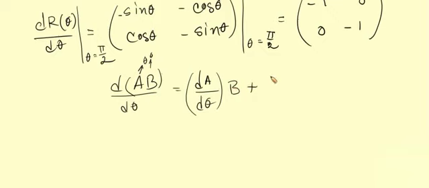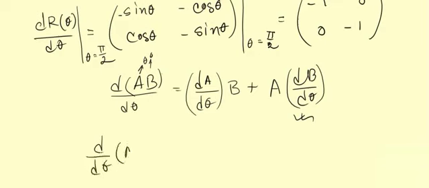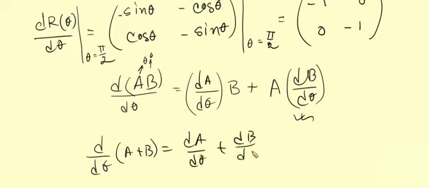That is, AB is not equal to BA. And here you will have A times dB by d theta. So this product rule will also apply. And since the derivative is a linear operator, you can also have the derivative of A plus B as dA by d theta plus dB by d theta, and so on.